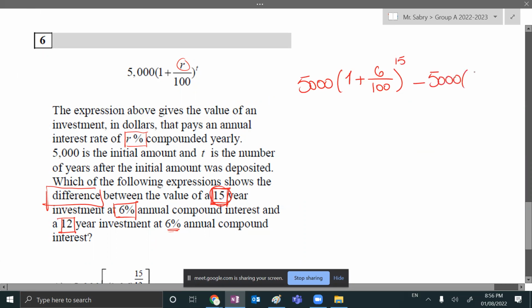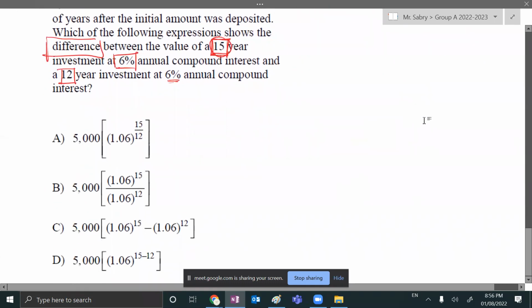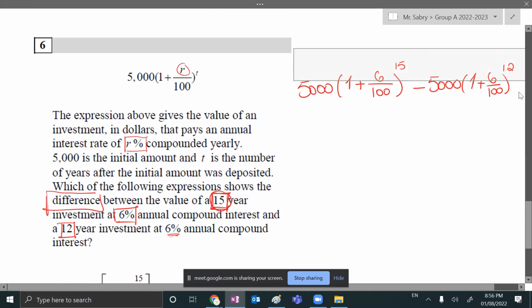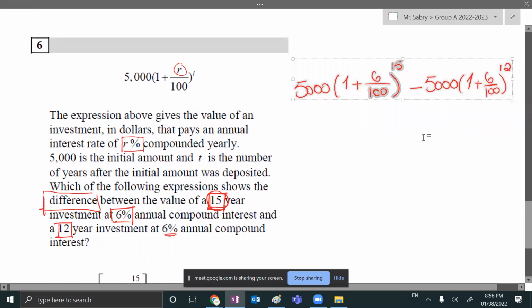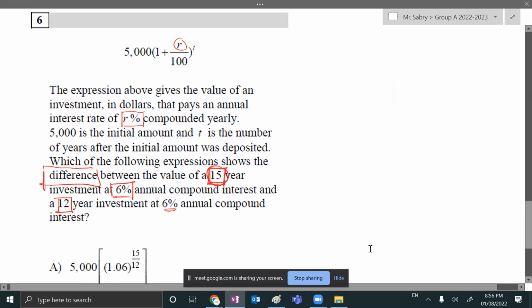So 5,000 multiplied by 1 plus 6 over 100. But the only difference here is that the years are now 12. Now, when you look at the answers, they are not written as a final number. They're written in a form that looks a bit weird. That's what we got.